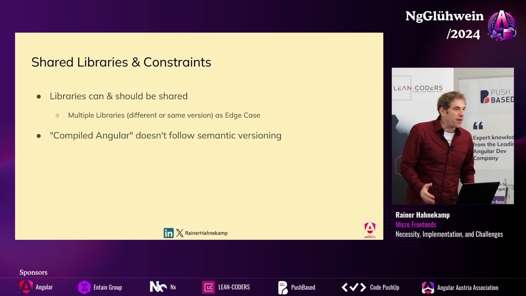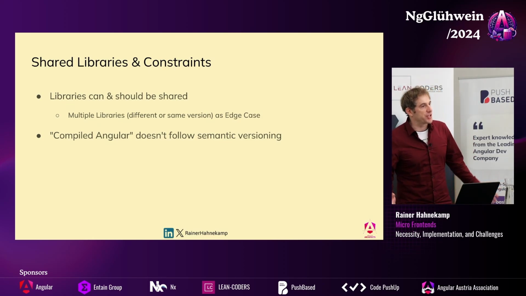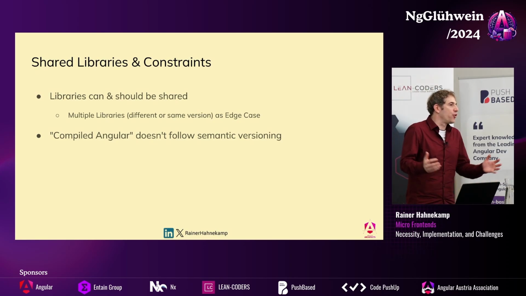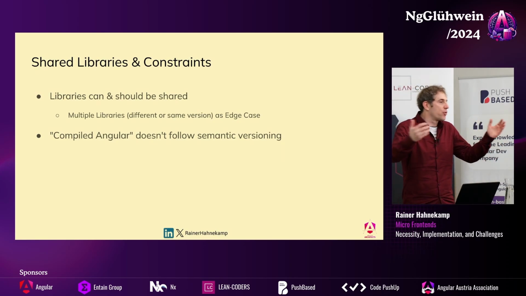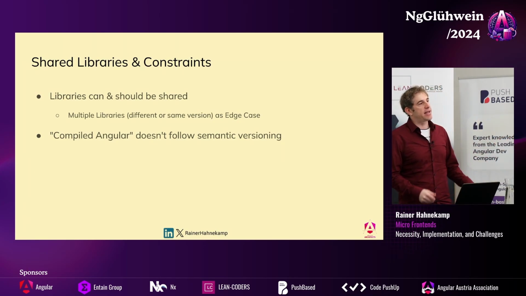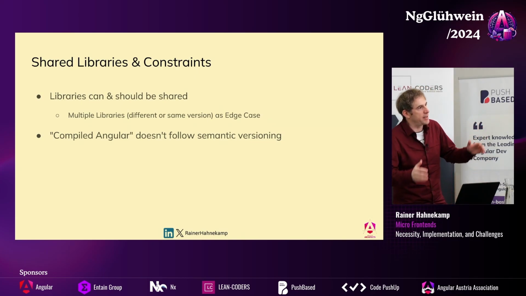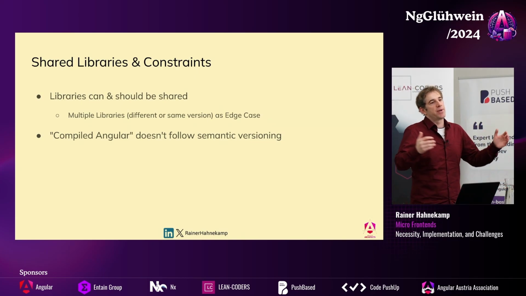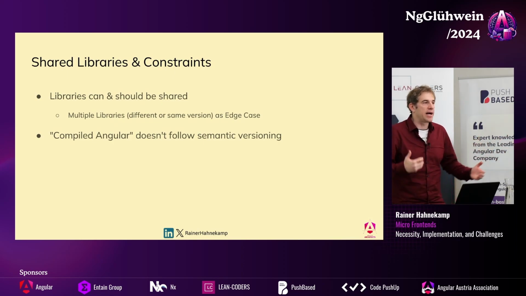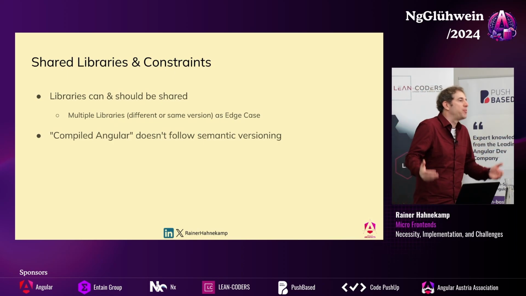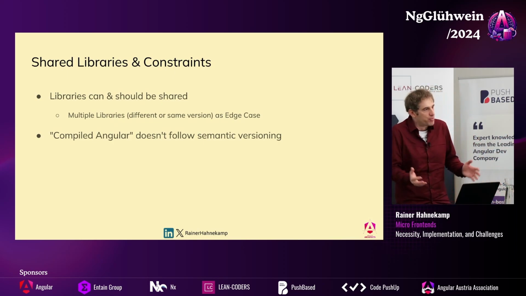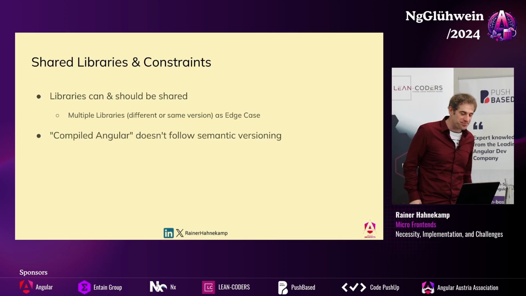Now we know that there is such a thing as semantic versioning. So this means if I have a form group and I say form builder group or something else, then I can rely on it that if I use Angular 18, it works in Angular 18.1 and in Angular 18.2. But as soon as it's 19, I need to be careful. There could be a breaking change, although in most cases there isn't one.